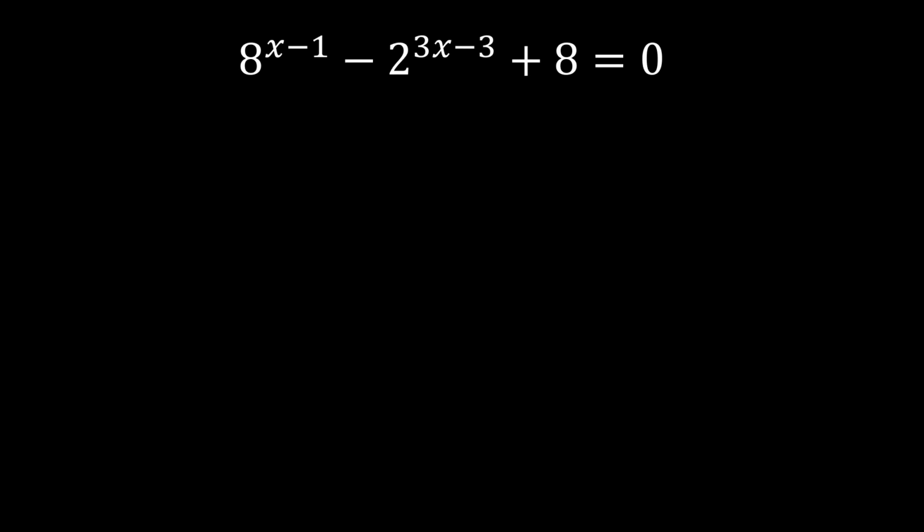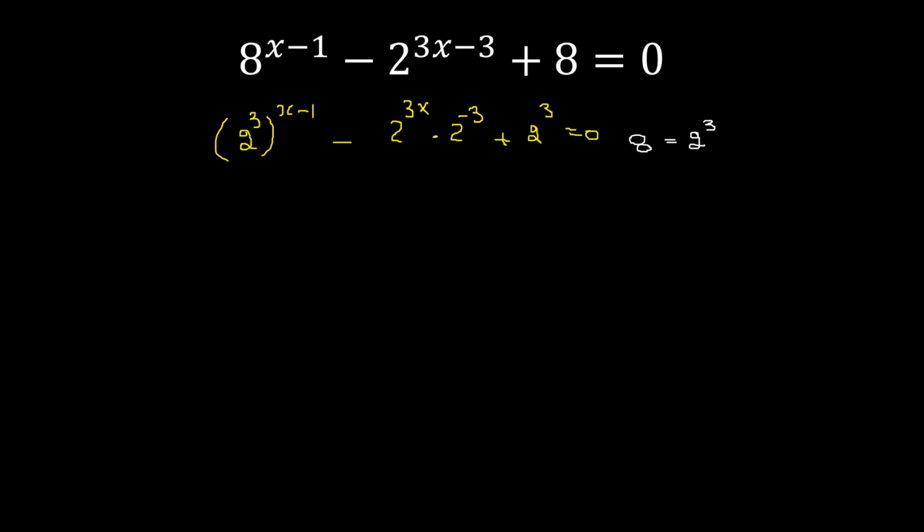So the equation was given like this. You can see that 8 can be written as 2 raised to power 3, right? If we substitute this value here, that will make it (2 raised to power 3) whole raised to power x minus 1, and that will make it 2 raised to power 3x times 2 raised to power minus 3, and then again here this is 8 and that can be written as 2 raised to power 3, equals 0.